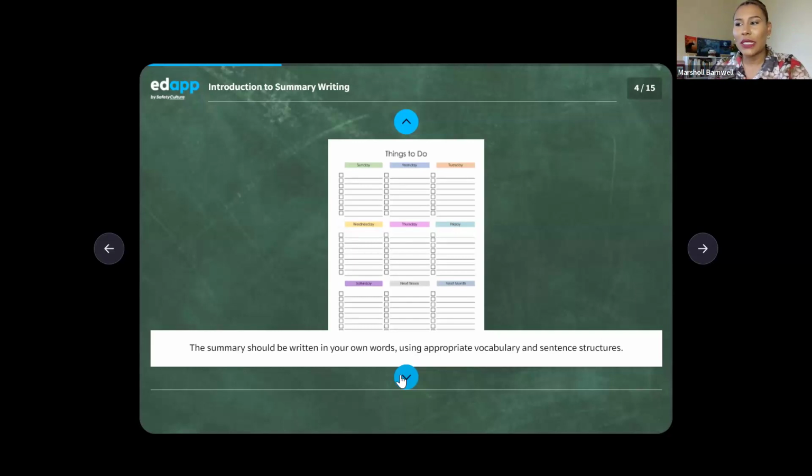Written in your own words means that the sentences that you're using in the summary have been crafted in your own mind using the information of the original text as your guide. There are going to be some words that are repeated. However, very rarely would you find an entire sentence being expressed in the exact same manner, verbatim, as found in the original.